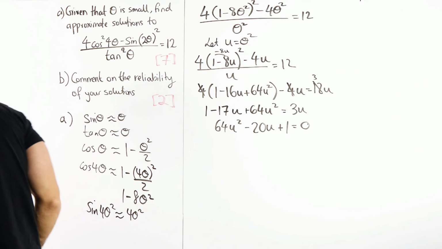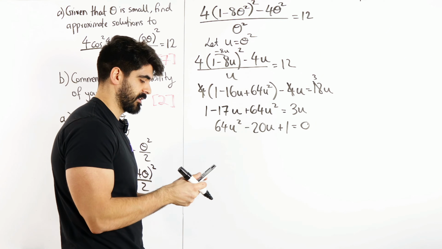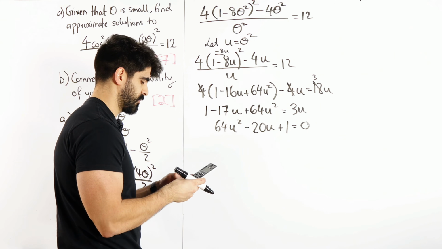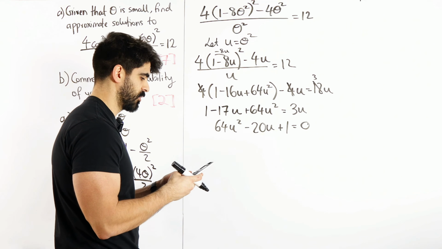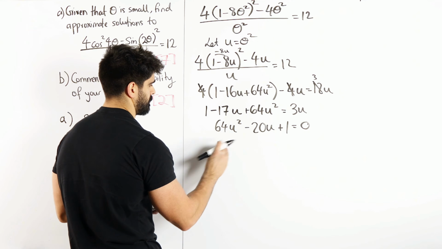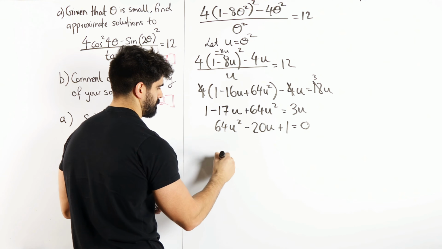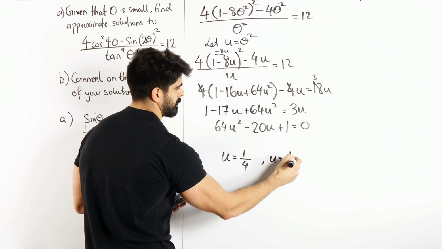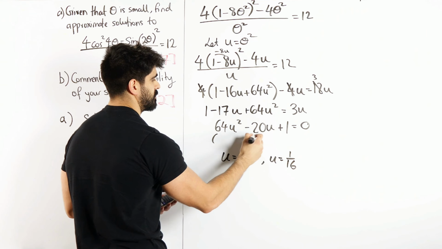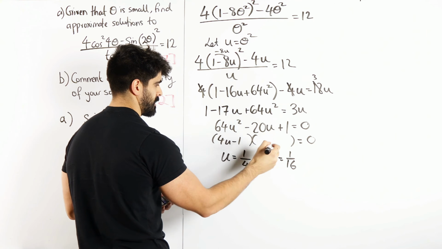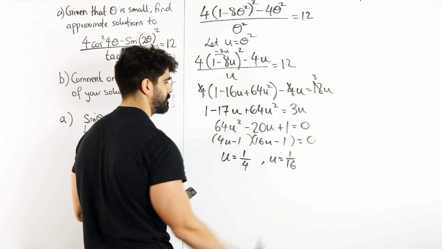Okay, can't be bothered to think about this one, so I'm just going to use the calculator. 64, minus 21, a quarter and 1 over 16. In the exam, you have to pretend like you did factorize. 4u minus 1, 16u minus 1.